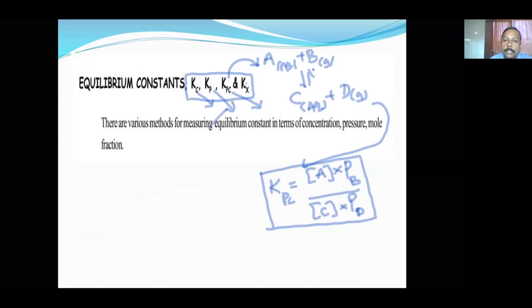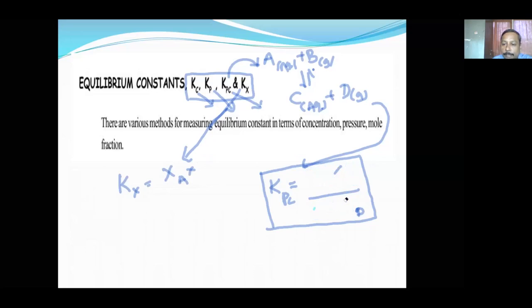Now let's see the equilibrium constant in terms of mole fraction. Kx means mole fraction. Here, for the same reaction, I have written this wrong. It should be products upon reactants.